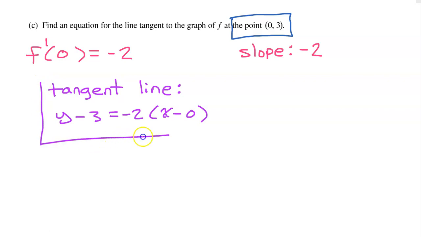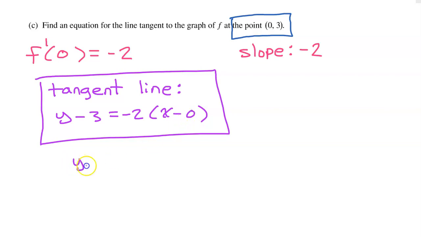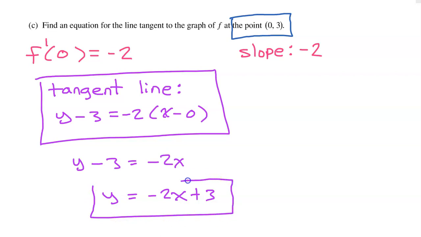So you could write the equation this way if you wanted to, but of course that 0 isn't really doing much, so we have y minus 3 is equal to -2x, and if you wanted to add 3 to both sides, you get y equals -2x plus 3. Good old y equals mx plus b. So that's another form of the equation of the tangent line.